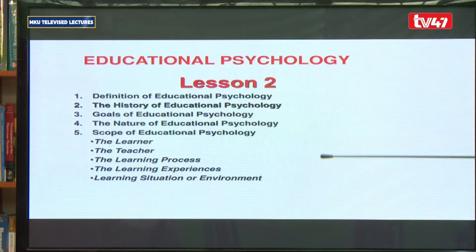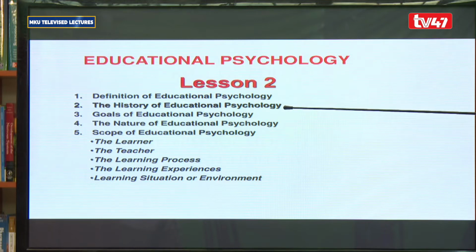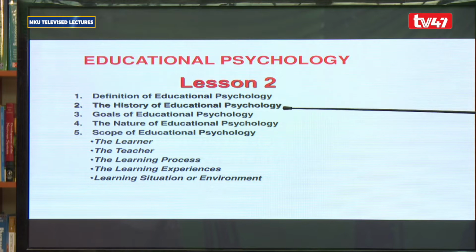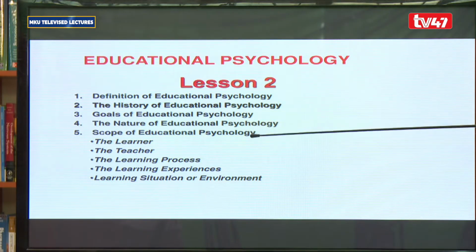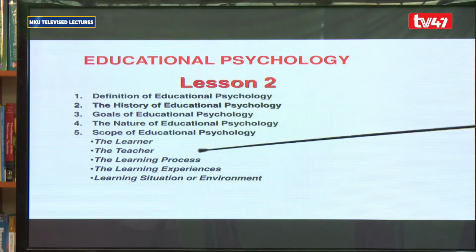One of the things we are going to do is define in detail the term educational psychology. Then we shall look briefly at the history, but this one I will give you as an assignment to do. Then I will focus my efforts on the goals of educational psychology. And then I shall look at the nature of educational psychology, and finish our lesson by looking at the scope of educational psychology.